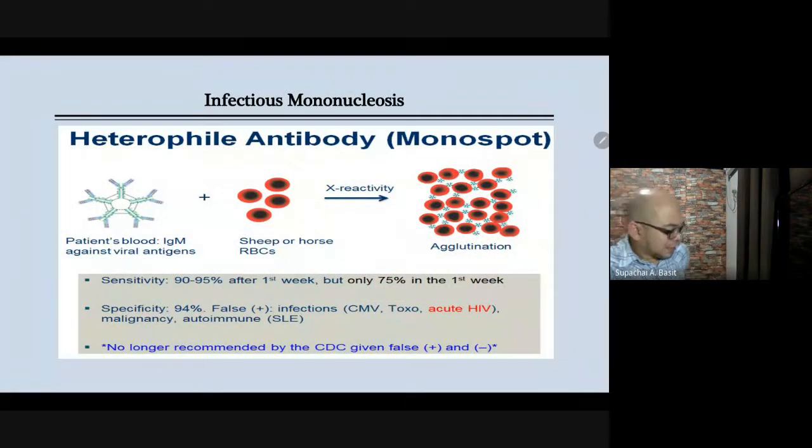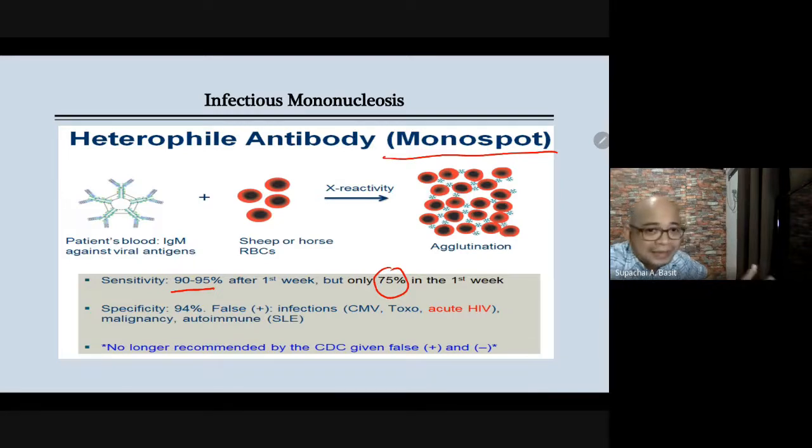The heterophil antibody or Monospot test is one of the tests that we can use to determine infection with infectious mononucleosis. It has a very high sensitivity, between 90 to 95% after the first week, but the sensitivity will be very low during the first week.